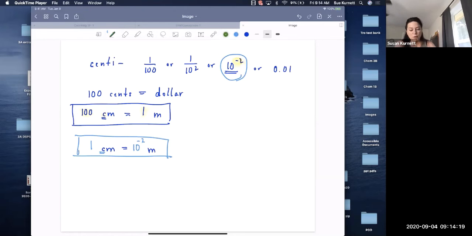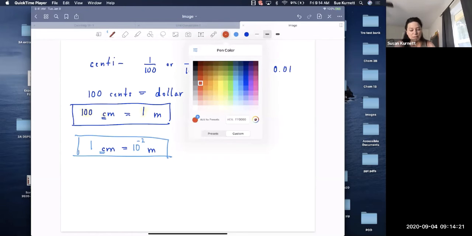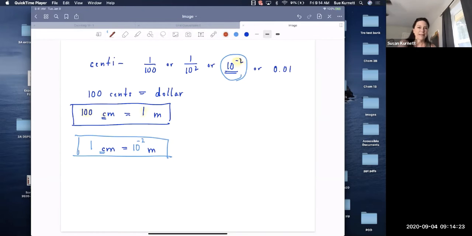The way that would be wrong, and sometimes students move toward this at the beginning, but you'll learn quickly, so hopefully you're listening right now. If I had centimeter and meter, and I was trying to come up with an equality, a relationship that we're going to use in the future, it would be wrong to put the meaning of the prefix next to the prefix.